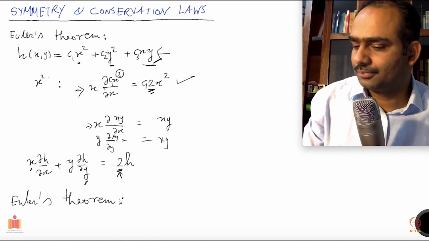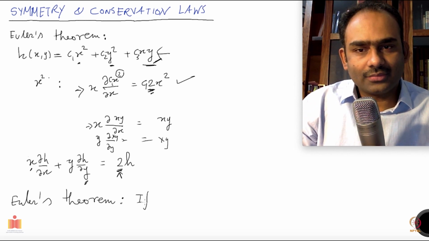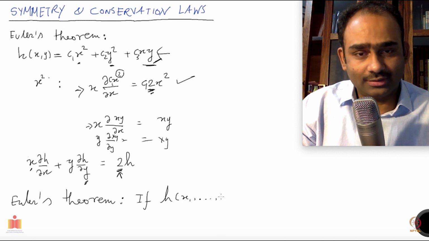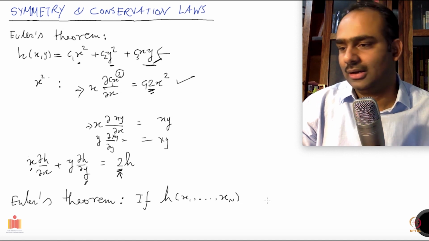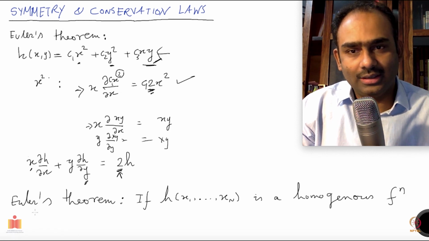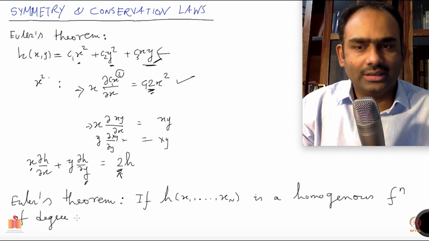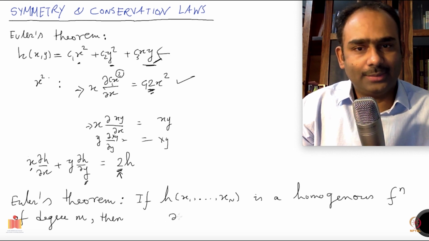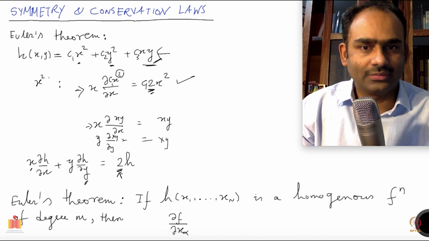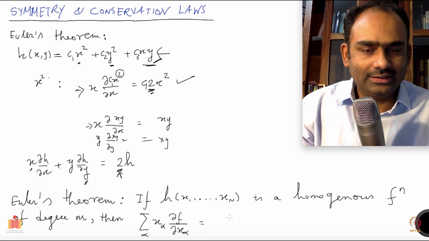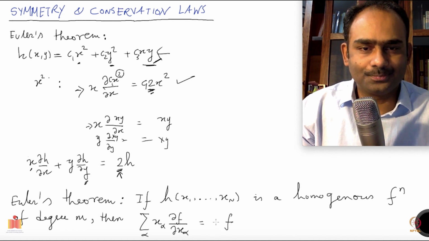So it says, if h with, let's say, several variables x1 to xn is a homogeneous function of degree m, then if you take the partial derivative with respect to all these variables and multiply them with the same variable again, and you sum over all variables, then you'll get the same function back, and the coefficient will be the degree of that function.